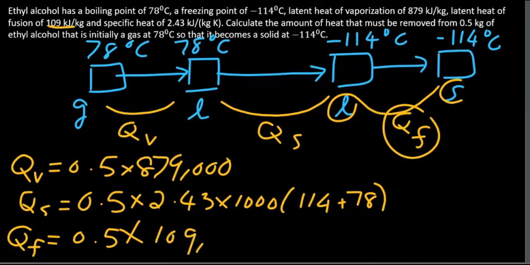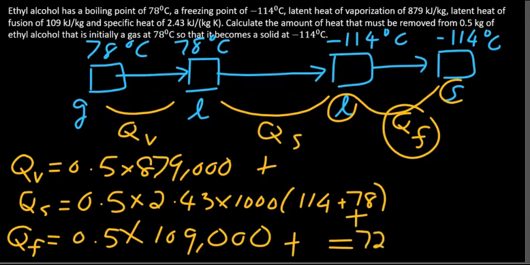So turn that into joules, multiply that by 1,000, becomes joules per kg. And together it will give you the units of joules for the heat. So when you take this, you plus with the second term plus with the third term, you will get the total amount of heat that must be removed to accomplish the needed change. And the answer is 727,280 joules. And that solves the problem.